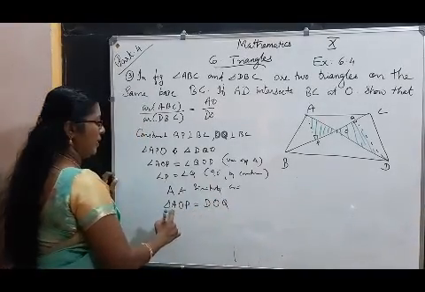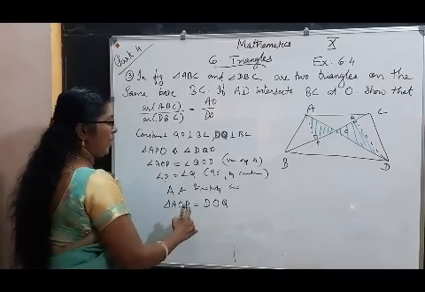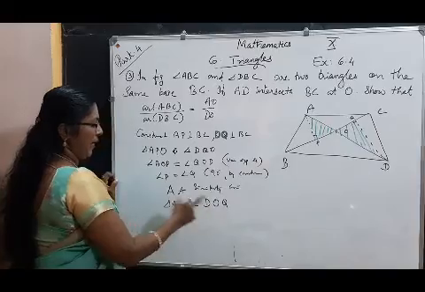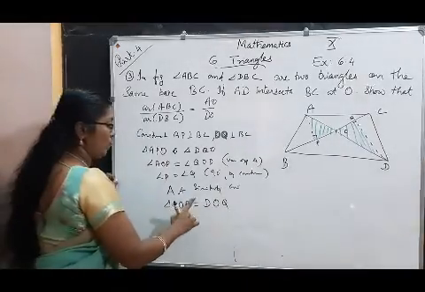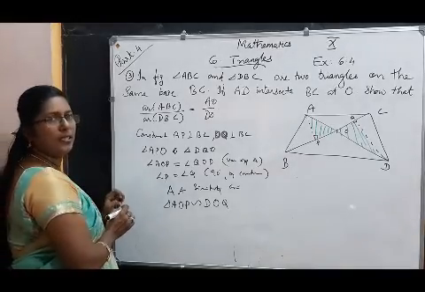Angle A equals angle D, angle O equals angle O, angle P equals angle Q. By the AA similarity criterion, these two triangles are similar.